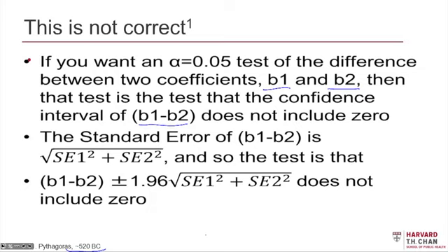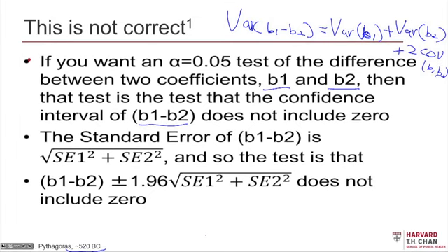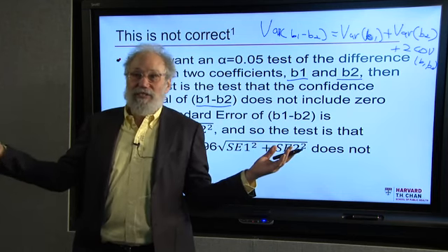If it doesn't, there is. Well, it turns out that the variance of B1 minus B2 is equal to the variance of B1 plus the variance of B2 plus 2 times the covariance of B1, B2. That's the general formula for the variance of the sum or difference of 2 things.